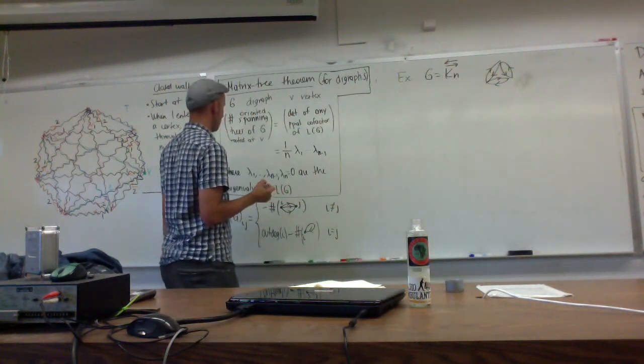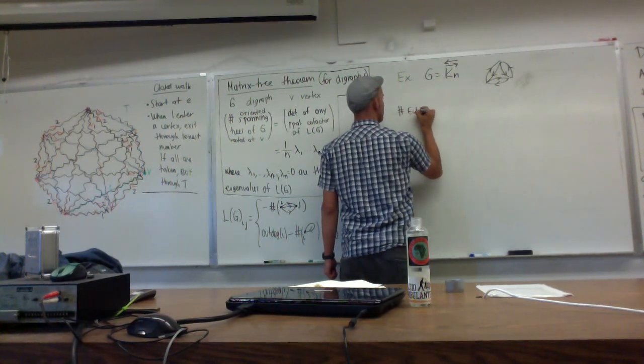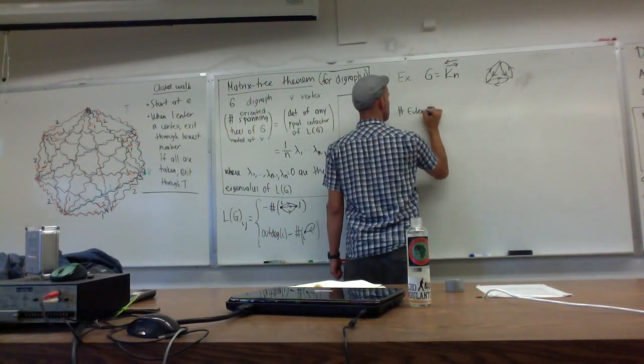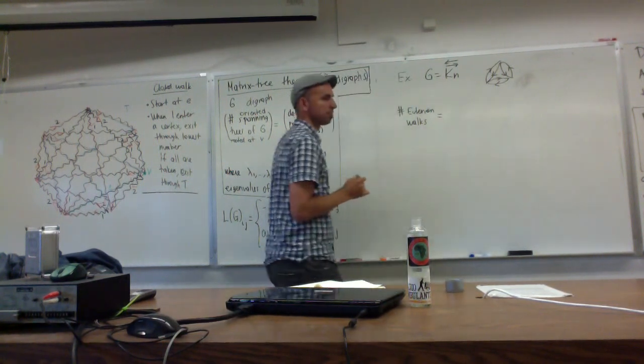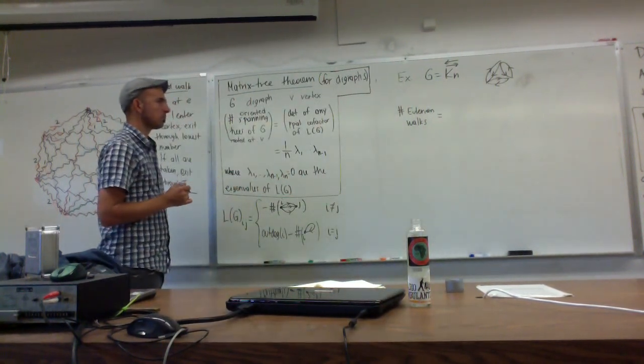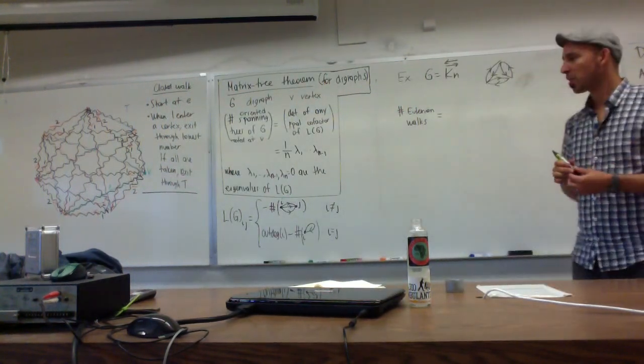How many Eulerian cycles do you have? And like I said, it doesn't really matter where you start, the number is the same. So what's the number of Eulerian walks?